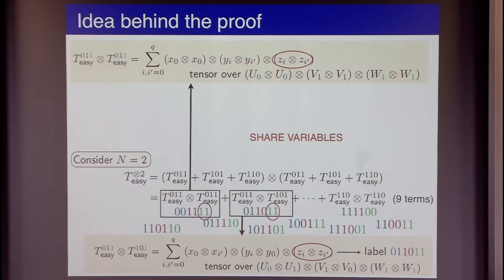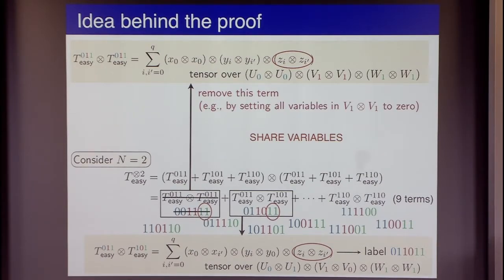So we need to remove them. The fact that they share a variable can be seen directly from the label. We have the same label here, 1, 1, and 1, 1, the same green part of the label. And we can remove this term, for example, by setting all the variables in V1 tensor V1 to 0. If you do this, this will remove this term because it has a variable in this space.